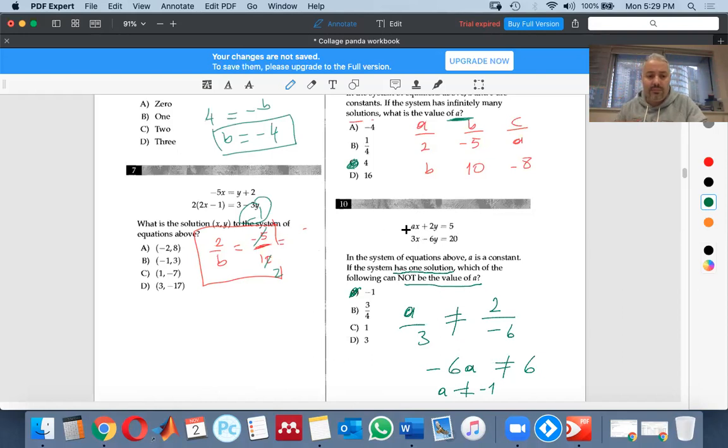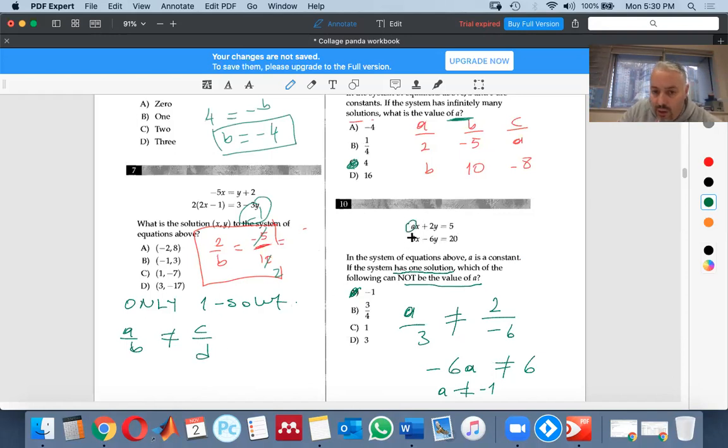Okay? Mr., I have a question. Yes. So you cross multiply it, right? A times -6 and again, 2. My dear, the rule is this. Only one solution means A over B different than C over D. That's it.